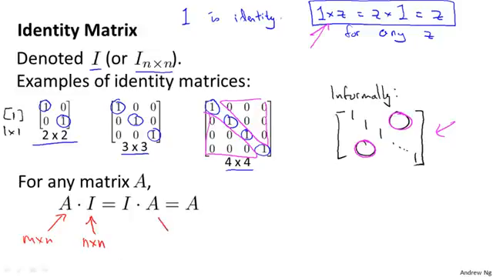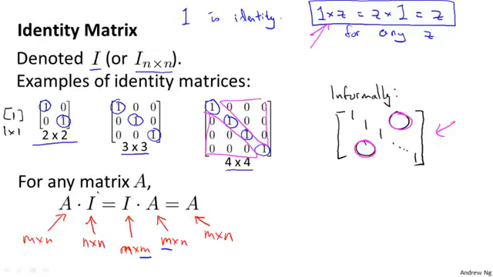And if we multiply on the other side, then for matrix multiplication to make sense, the identity matrix has to be an m by m matrix, because this m has to match up with that m. In either case, the outcome of this process is you get back the matrix A, which is m by n.